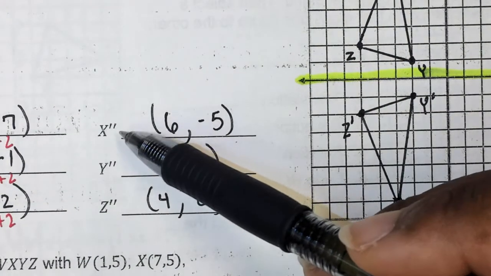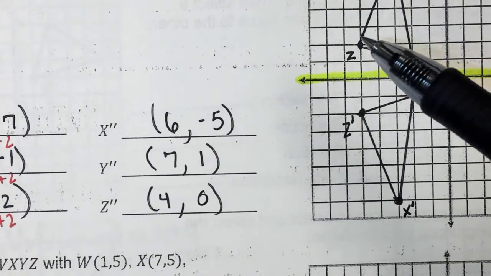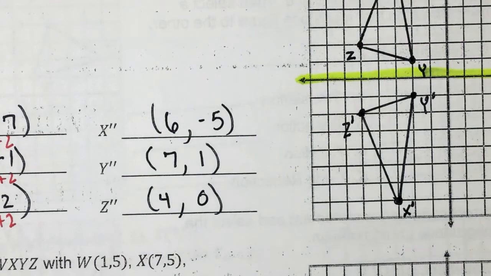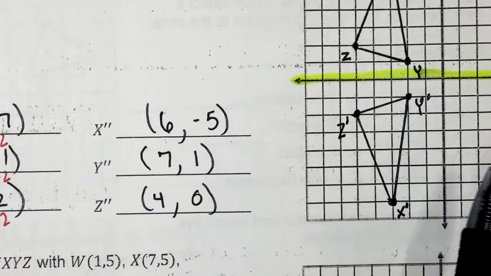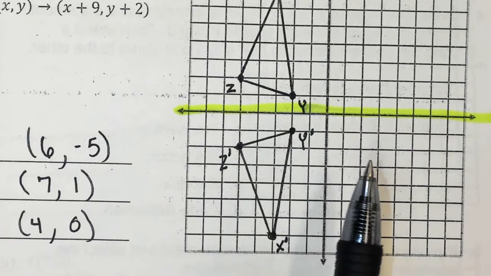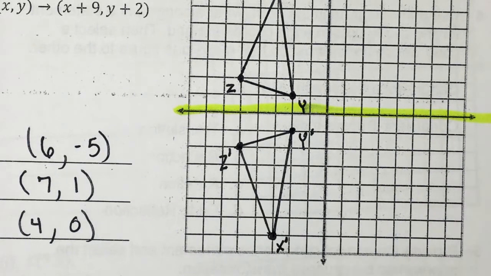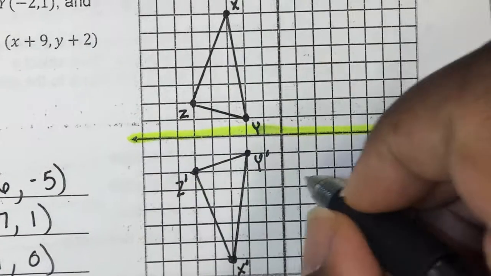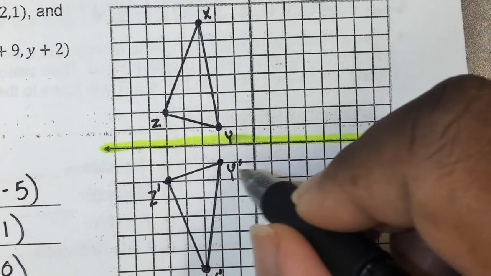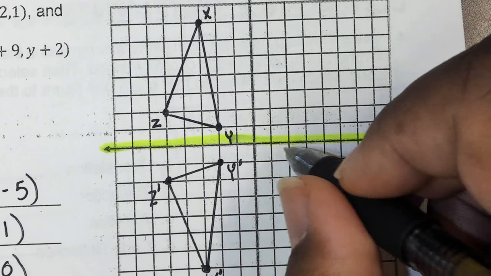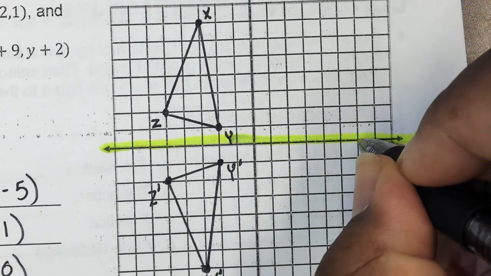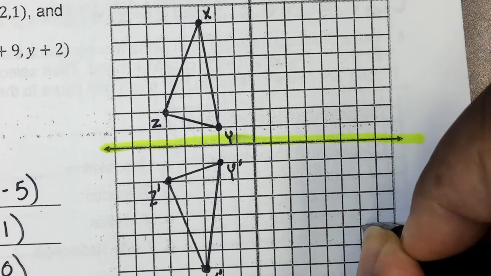These new coordinates here, you should see that they got 2 prime notations on them. We call these double primes. Obviously, we're doing this so you can distinguish between your shapes. Even though all my shapes are the same color, once I finish, I'll know which one I started with because of my notation and which one was my final. (6, -5): 1, 2, 3, 4, 5, 6, negative 1, 2, 3, 4, 5.